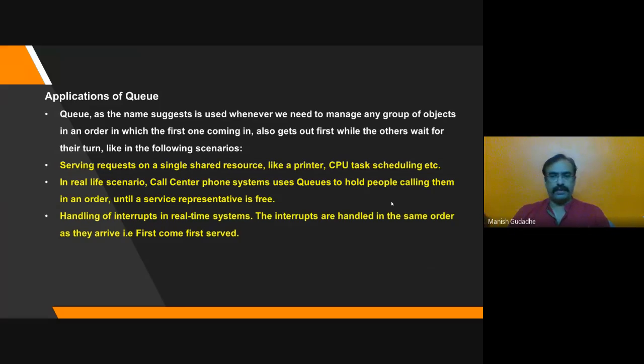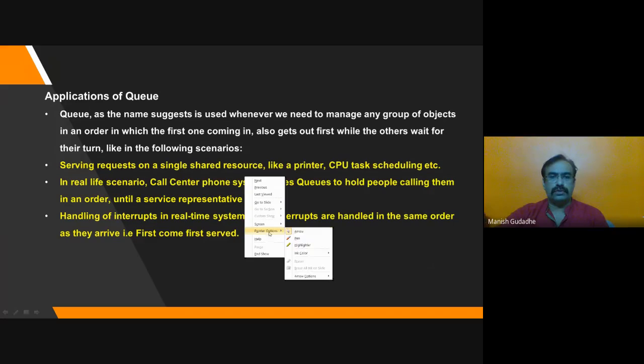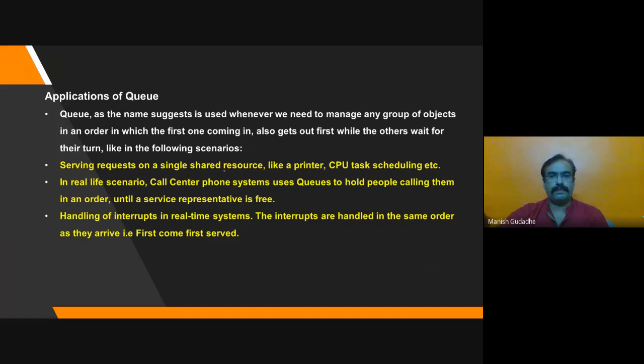It will never happen that one page of the first job, one page of the second job. No, it is going to print the entire document of the first computer, then it will handle the second job of the other computer, then third job, and fourth job, and so on. So, print queue. Similarly, serving requests on a single shared resource, like the printer, CPU task scheduling, etc.